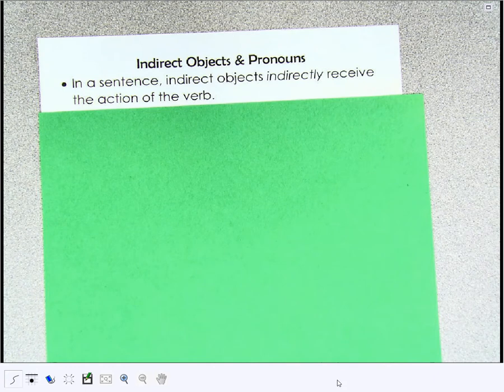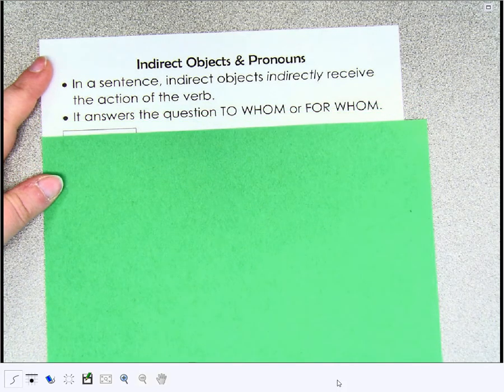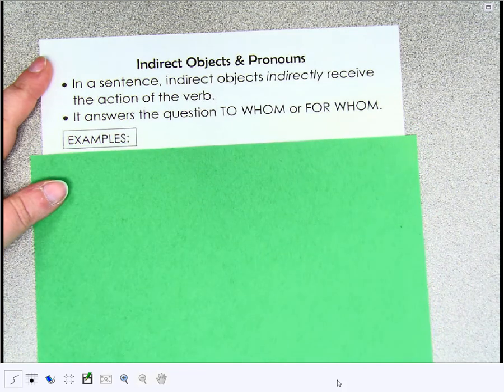So it answers the to whom or for whom the verb is being performed. So I'm bringing tacos for you. For you is the indirect object. Okay, so it answers the to whom or for whom.